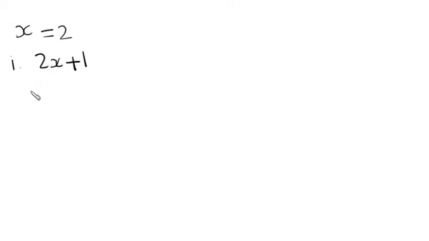So let's do this. So I would have 2. The next thing I have in my expression is my x. But before I replace x with a value of 2, I need to put that in brackets, okay? Put the value of 2 down, close my bracket again, plus 1. Just so that you are reminded that that becomes 2 times 2 and not 22.